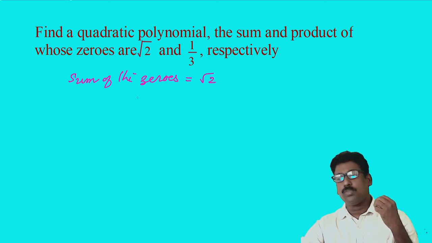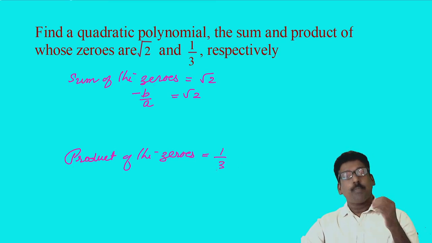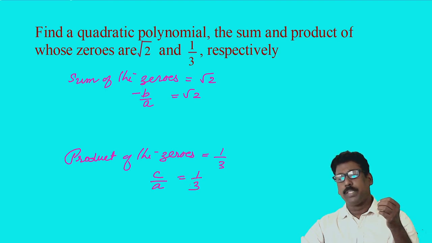Sum of the zeros means negative b by a is equal to root 2. And what is the product of the zeros? Product of the zeros is given as 1 by 3. Product of the zeros, that is c by a, you will get it as 1 by 3.